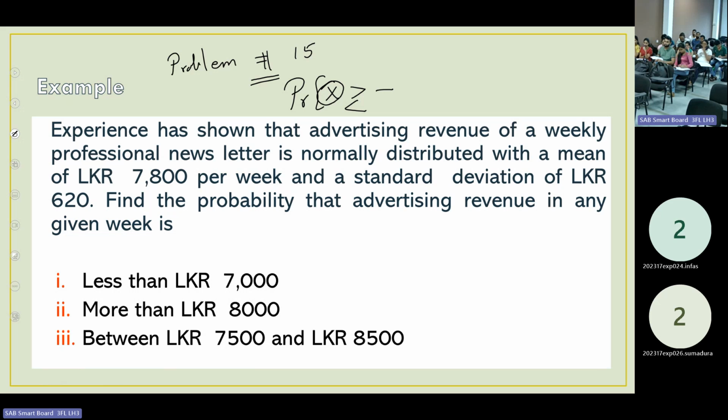So here, experience has shown that advertising revenue of a professional newsletter is normally distributed with a mean 7,800 and standard deviation 620. Find the probability, and so on. Now from this part, can you identify what is the variable they are talking about, or what is our X here?